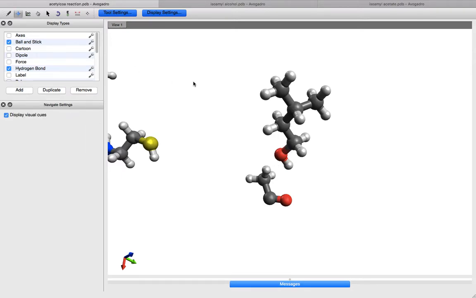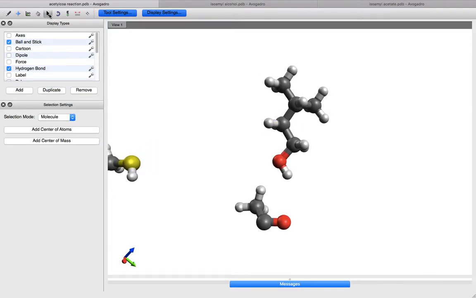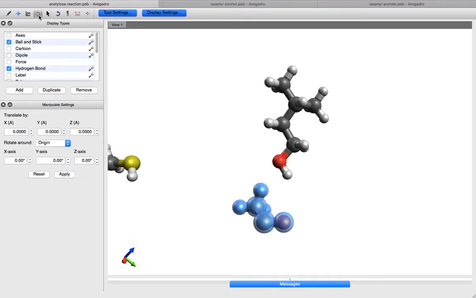Okay? And let's do that. What happens is this molecule goes something like so.